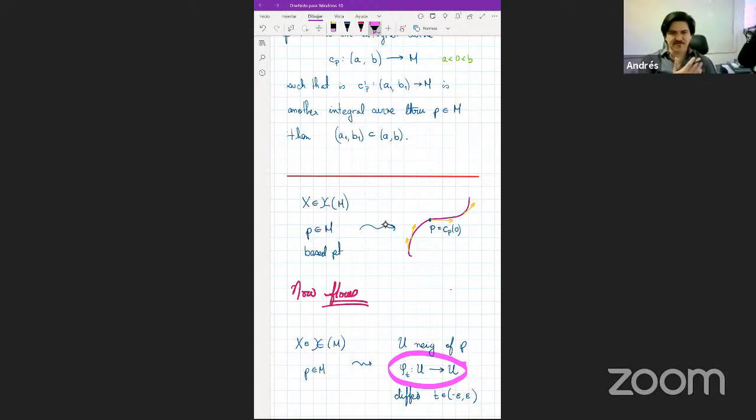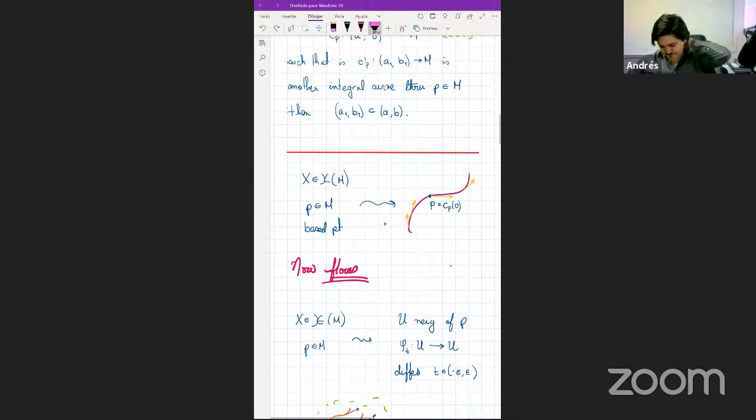So from a vector field, we are going to obtain many diffeomorphisms that are related to the vector field. And this collection of diffeomorphisms is called the flow of the vector field.